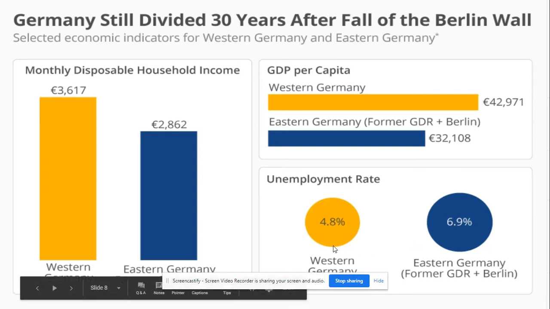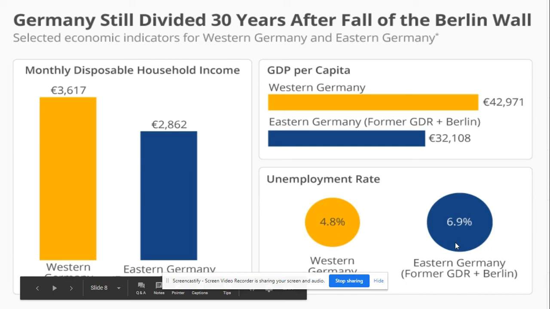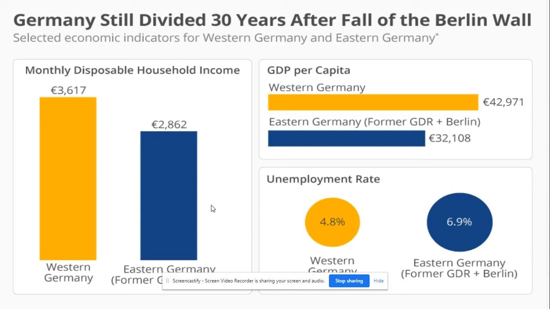In Western Germany, it's lower, right? So that's a better number. If it's lower, that means there are fewer people who don't have jobs. So it's 4.8% in Western Germany, 6.9% in Eastern Germany, right? So these three indicators show us that the economy 30 years later is a lot better in Western Germany. And that's going to have an impact on a few other things I'm going to go over.